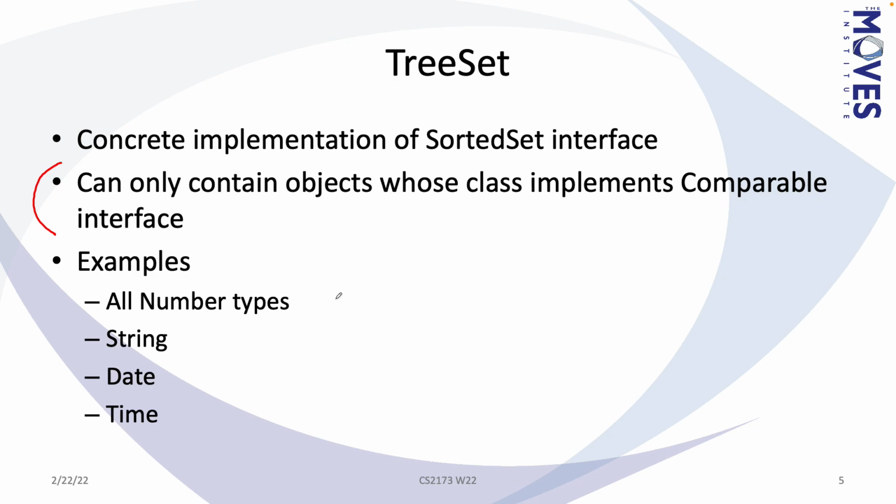In other words, if I have a sorted set that can contain integers, then I can't put a double on it, or a float. Now, if I have one that can contain doubles and I try to put an integer in, underneath it promotes it to a double.